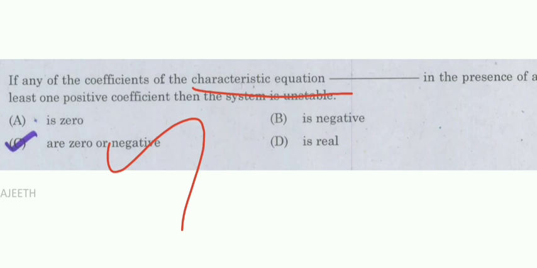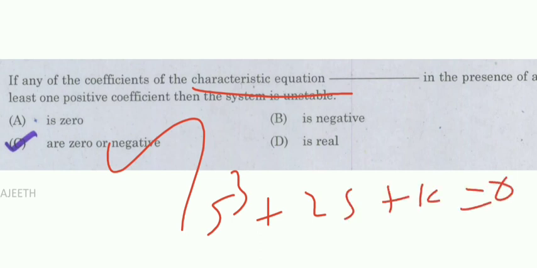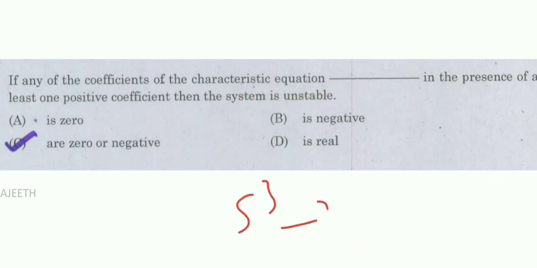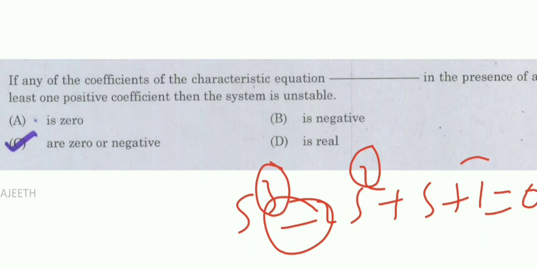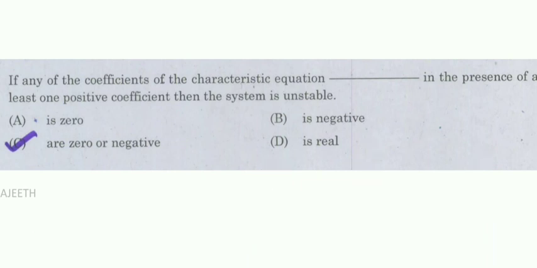Suppose your equation is s cube plus s squared plus s plus k, all four coefficients should be present. If you have an equation like s cube plus 2s plus k equal to 0, here the coefficient of s squared is missing, so this is an unstable system. Similarly, if you have s cube minus 2s squared plus s plus 1 equal to 0, here all are present, but still it has a negative sign, so again this system is unstable. So option C is the right answer.